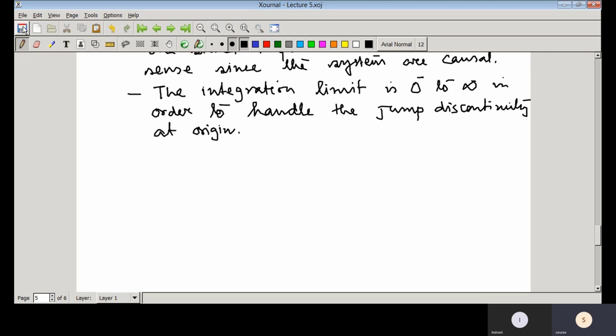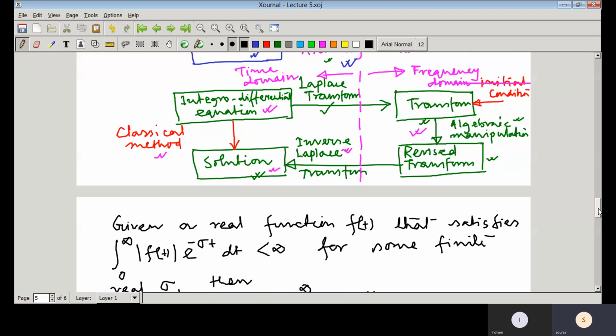And there are some interesting features of the Laplace transform that we have discussed here.